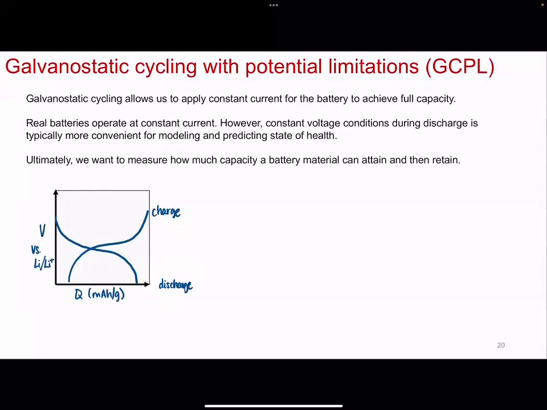Before I jump into the GITT details, I also just wanted to highlight a common technique to round out part 1, where I just go through all the techniques, which is galvanostatic cycling.